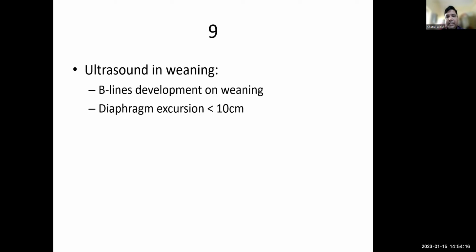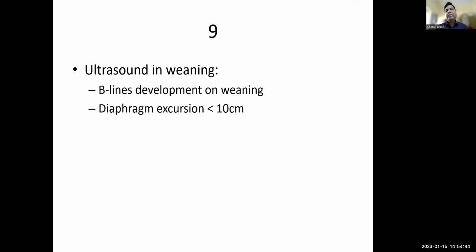The easiest thing to pick up with an ultrasound is one-sided diaphragm palsy. If you have a phrenic palsy on one side, that's the easiest to pick up because the other side of the diaphragm is working fine. But if both sides of the diaphragm are not working well, then it's difficult, and absolute numbers are not very valid.